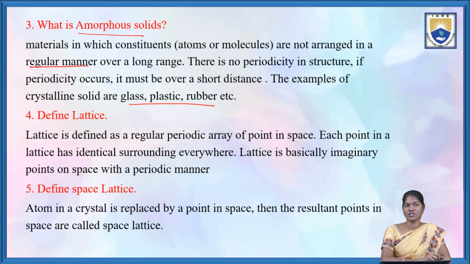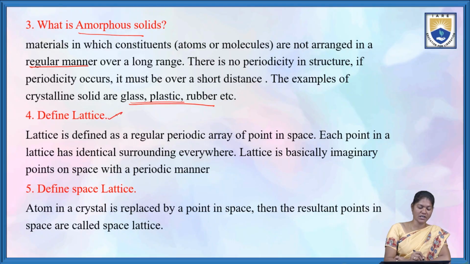Though the atomic arrangement may be regular, it occurs only for a short distance. The examples of amorphous solids are glass, plastic, rubber.